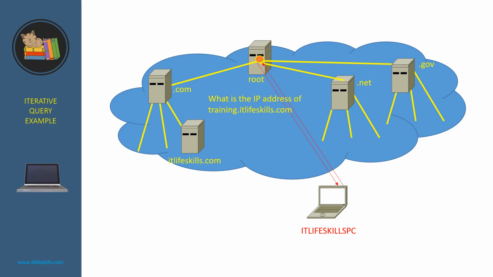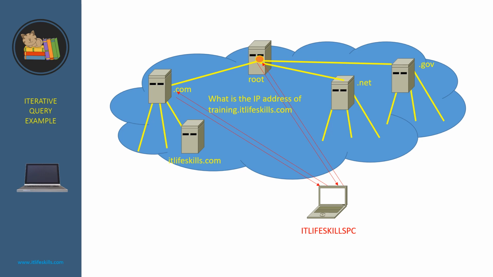The PC again sends an iterative query to toplevel.com DNS server, and again the toplevel.com DNS server does not own the records, so it provides the IP address of the authoritative DNS server of the itlifeskills.com domain to the PC.